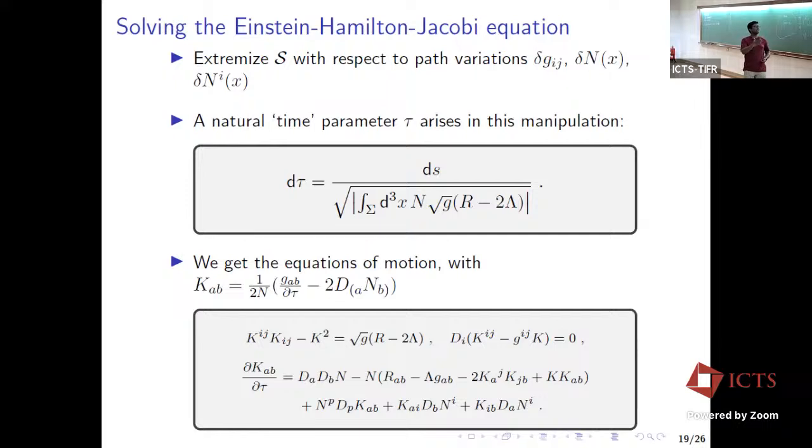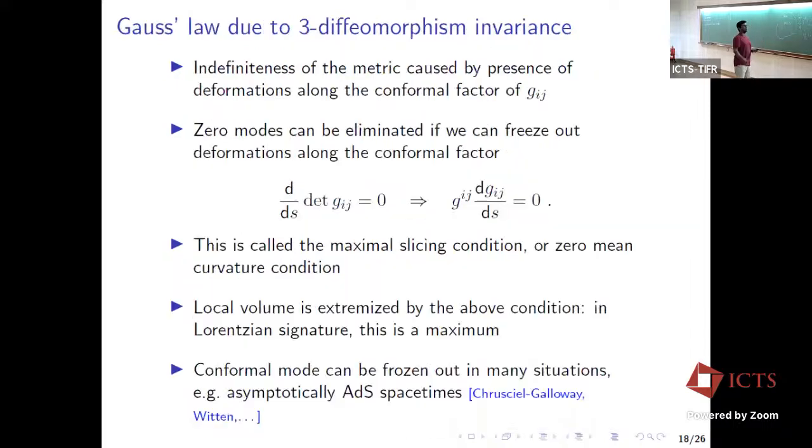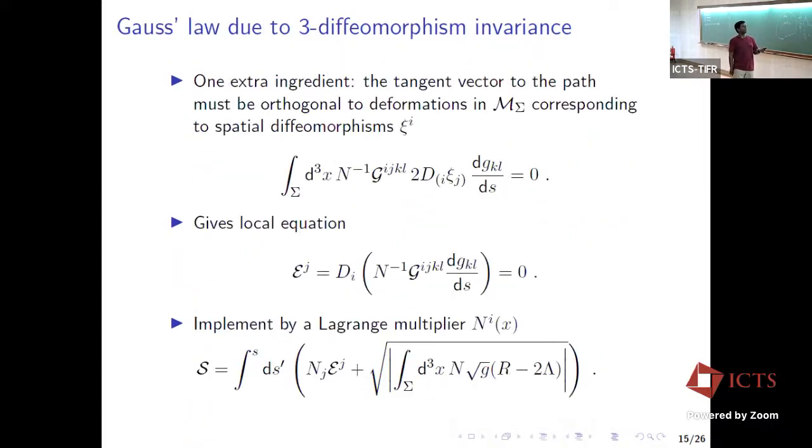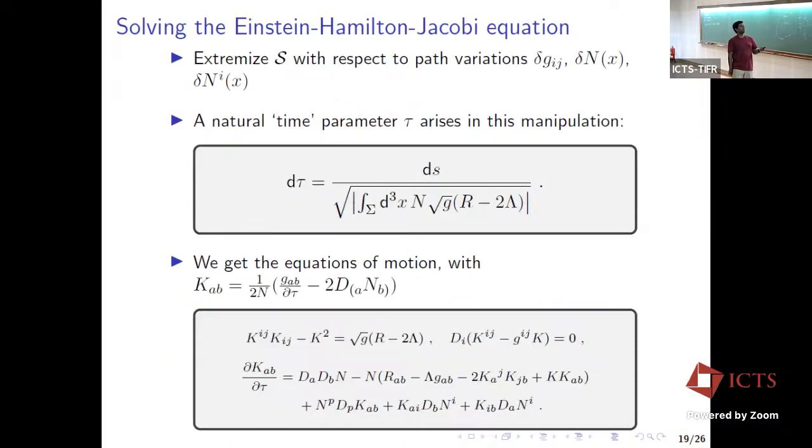So these stationarity equations will eventually give rise to a notion of time, which looks like this. So ds now is the path distance measured with respect to the smeared DeWitt metric, which I wrote here. The rest of the quantities here are quite standard.